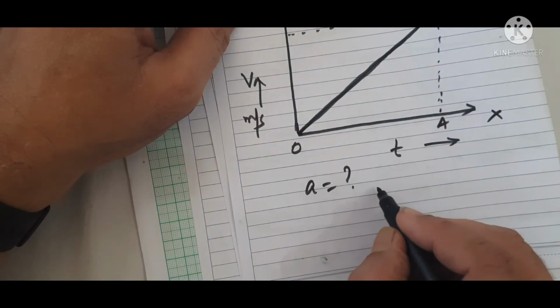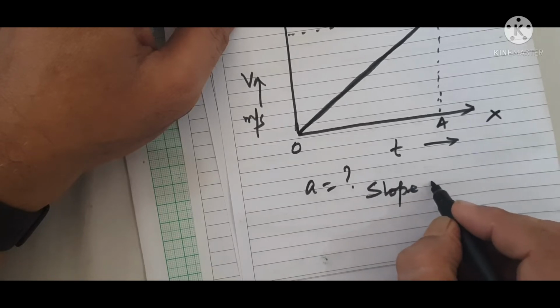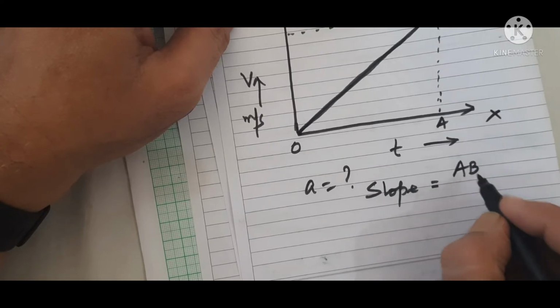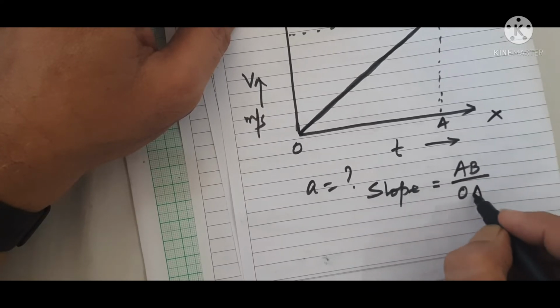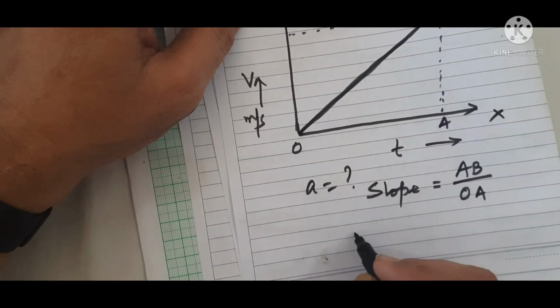So acceleration is equal to the slope of the graph, that is AB by OA, right? The values of OA and AB you have to find out.